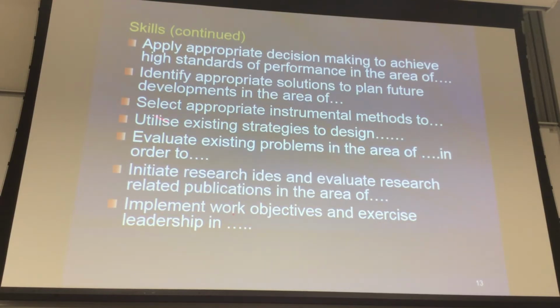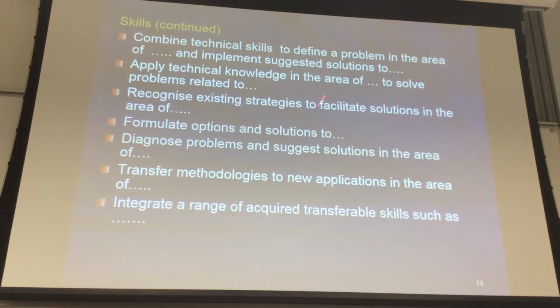So these are all examples of sentences which start examining skills of the students. There's lots of them: formulate options, diagnose problems, integrate a range of transferable skills are something that turn up in a lot of program learning outcomes.